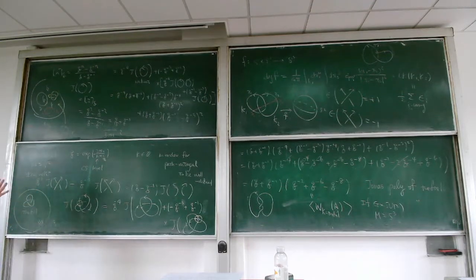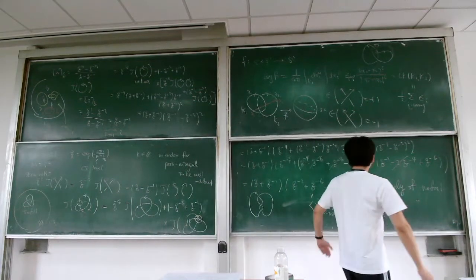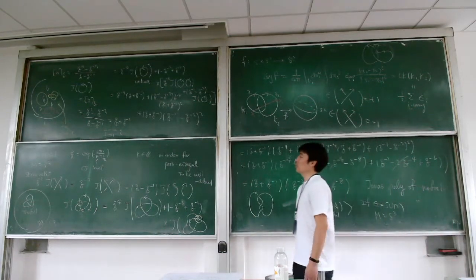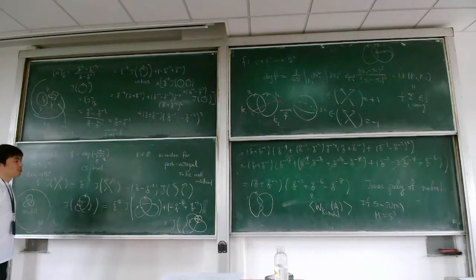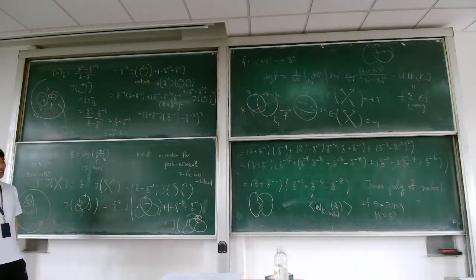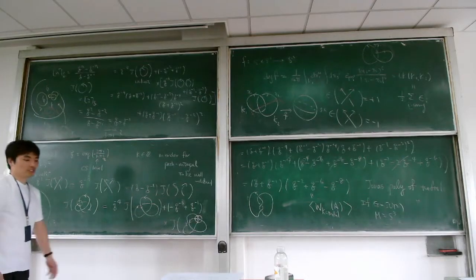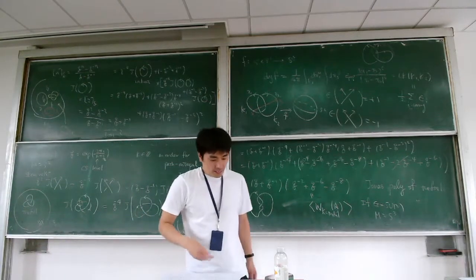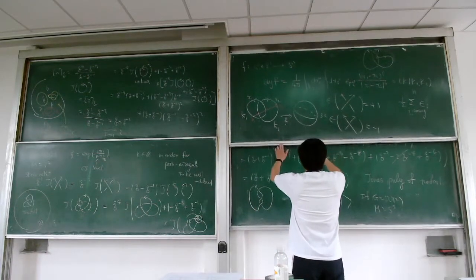Even though we start with very complex path integral, at the end of the day, all the computation reduces to this simple skein relation. Everybody can do it. Even I can do it, even though I didn't have the lecture. The reason why it becomes so simplified is the following.